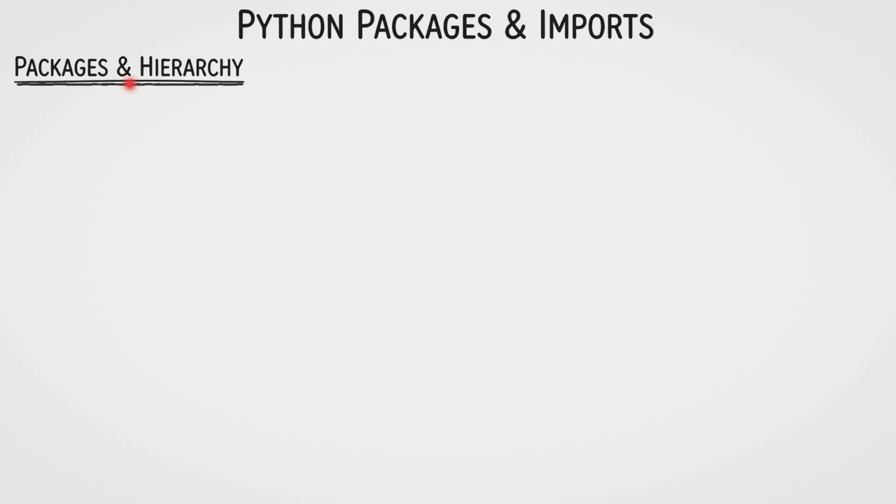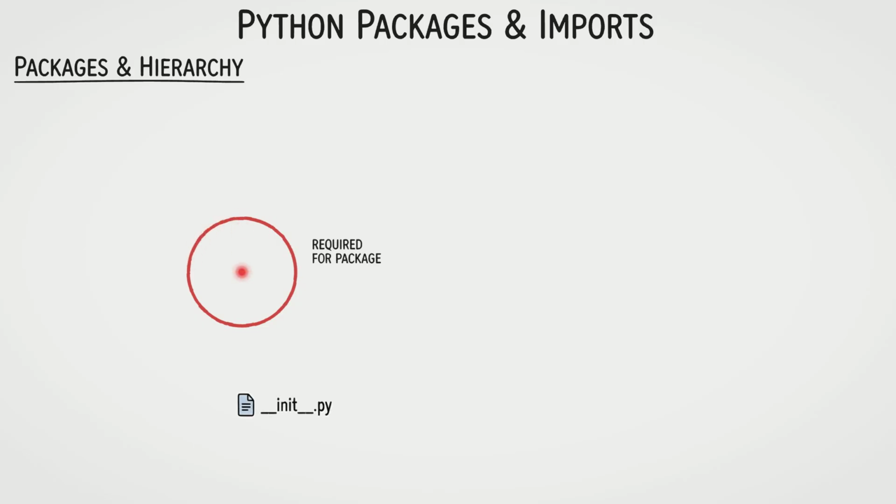But how does Python know a regular folder is actually a package? It requires a special file. This file here, named __init__.py, is usually empty, but its presence is absolutely mandatory for Python to let you import modules from that folder.